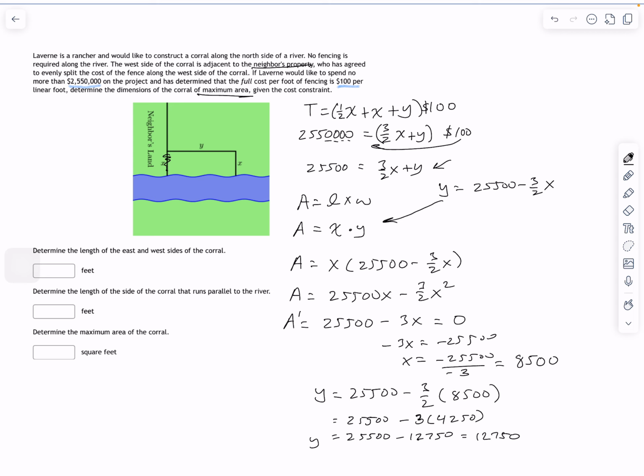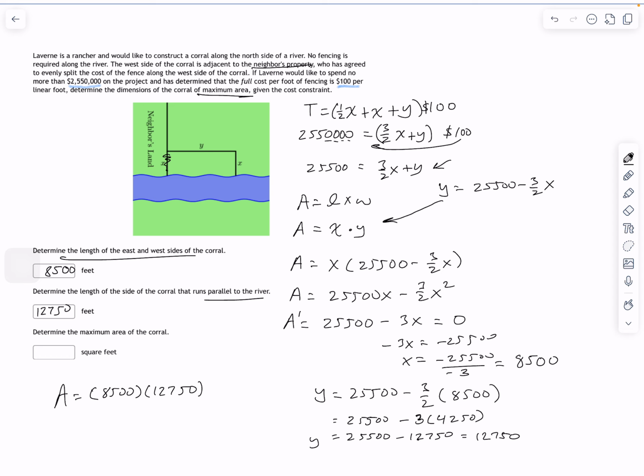Okay, so reading up here, determine the length of the east and west sides. We said that was our x value, so that's 8,500 feet. Our length that's parallel to the river, that's our y value, 12,750. And then to find the area, we multiply our x times our y, which is going to be 8,500 times 12,750.